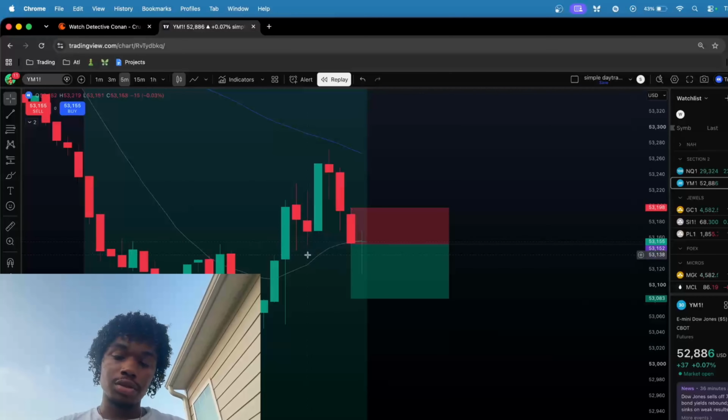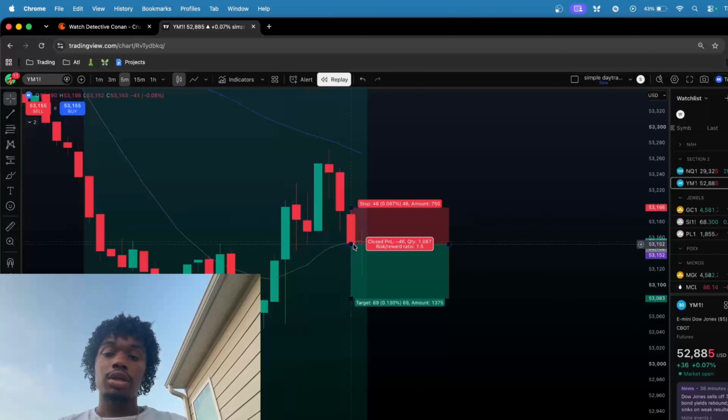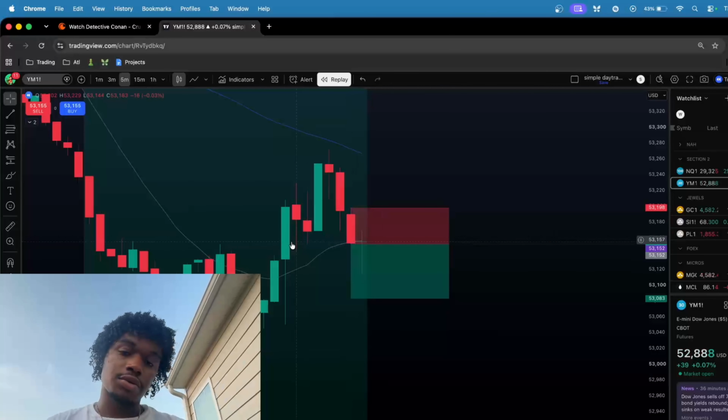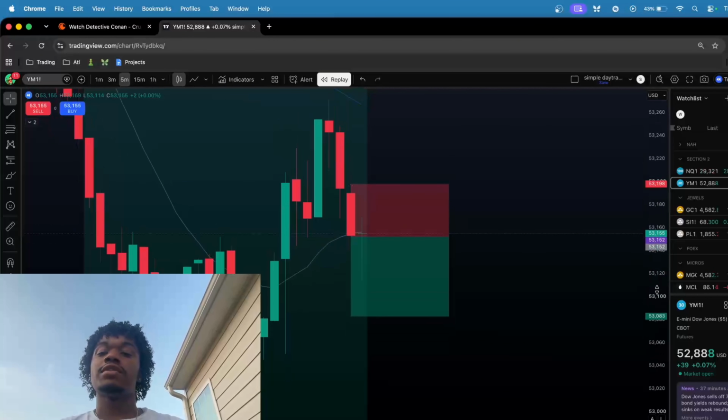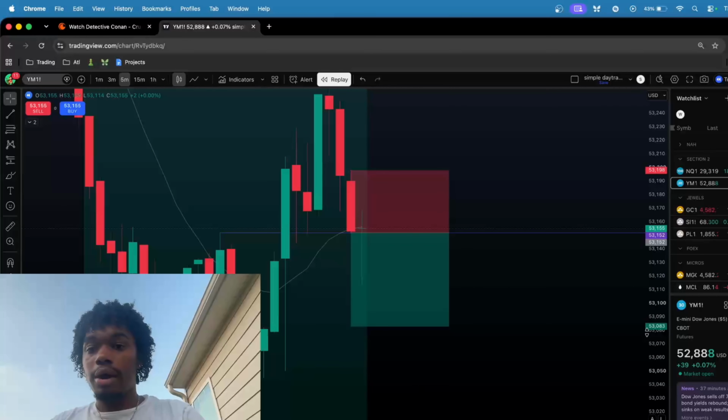So a 3 candle is literally just when 3 candles close above the 13 for sells, and then 3 close below the 13 for buys, and then it closes below the 13 again. At least 3 candles. Here you can see it's like 6 candles, but it needs to be at least 3 to show that we're having an actual pullback.